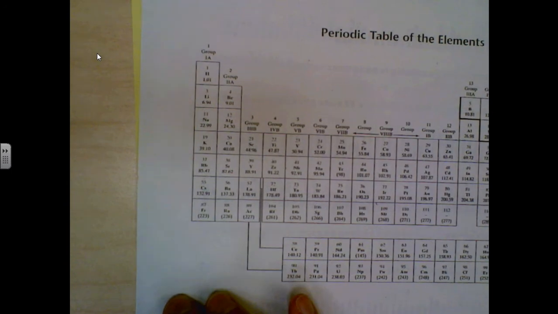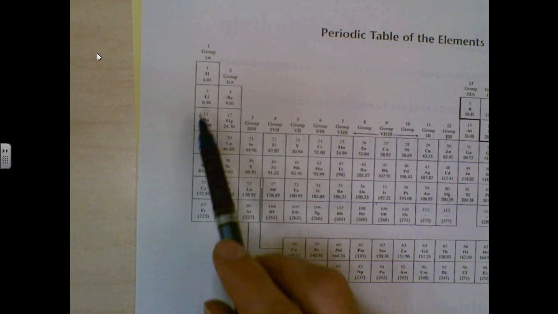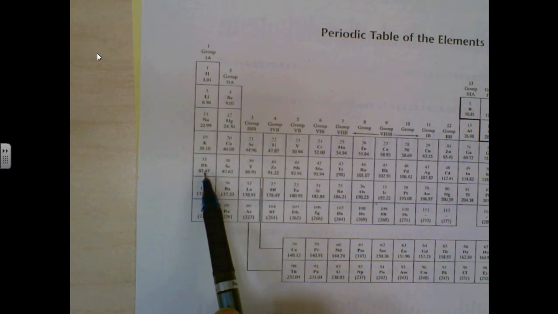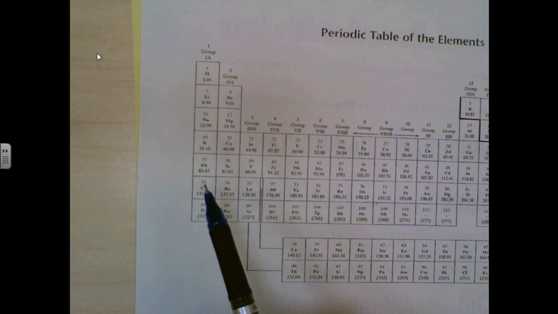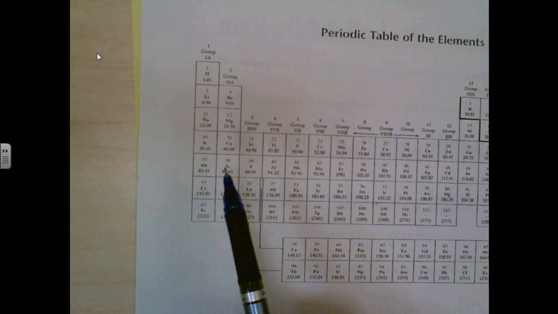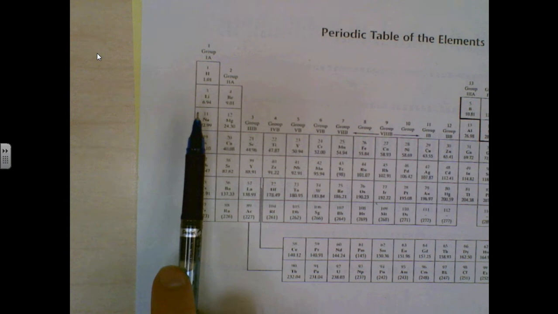On the other end, we've got group 1 elements like lithium, sodium, potassium, and rubidium that have only 1 electron in their outer shell. They are actually going to look to get rid of it and have the shell below that be their outer shell because it's full. Which means that these guys are trying to get rid of electrons.